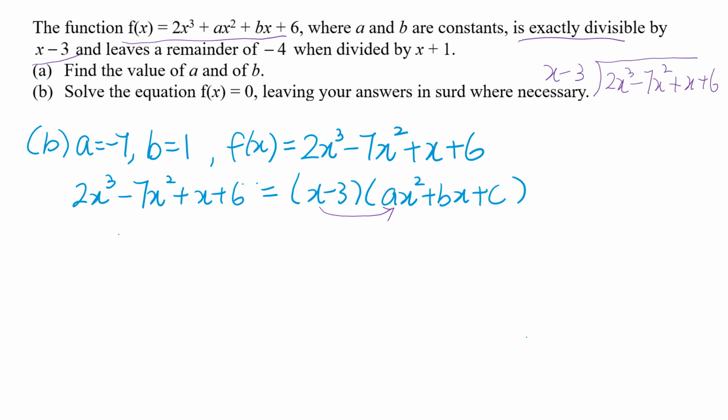Alright, let's see what happened. So x times ax squared will give you ax cubed, and ax cubed will be equal to 2x cubed.